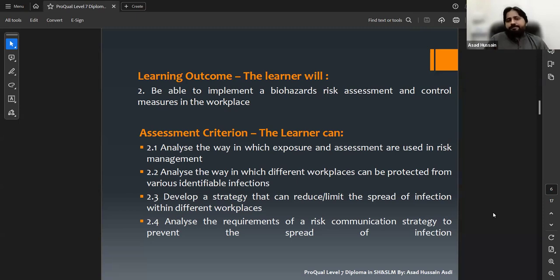In this regard, you can use anything confirming that you have proper risk communication and that a clear strategy was developed by your team and top management. That risk communication procedure, that strategy plan, will be enough to support this 2.4 assessment criteria.